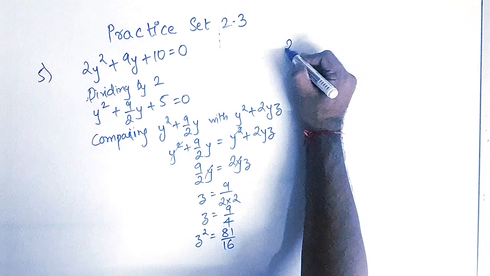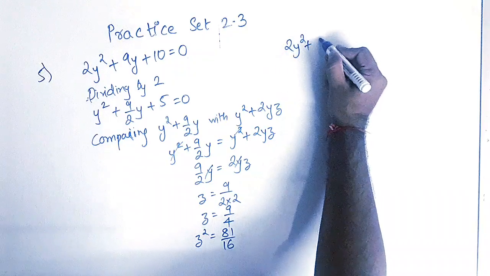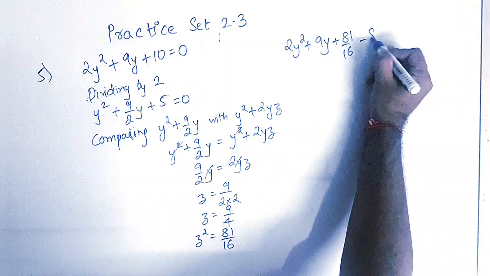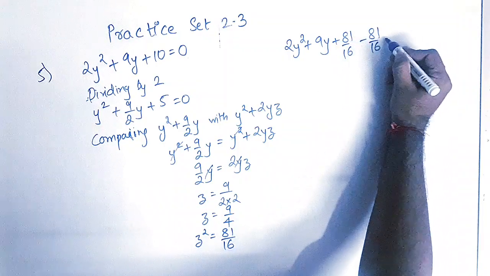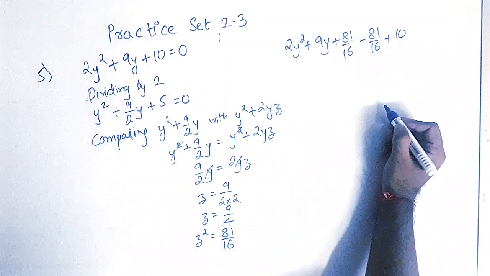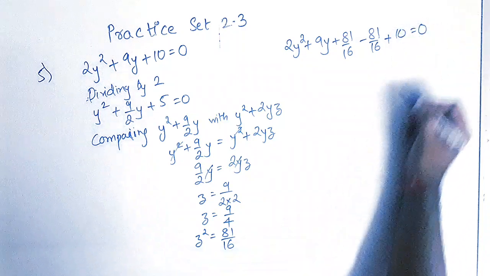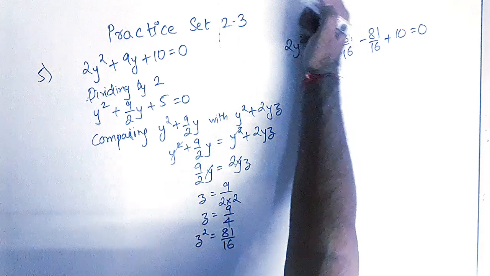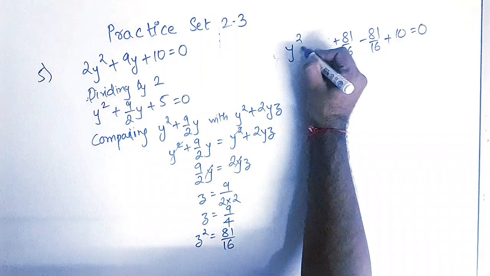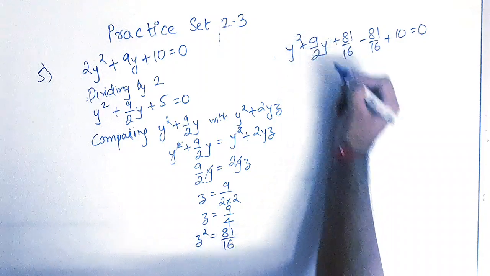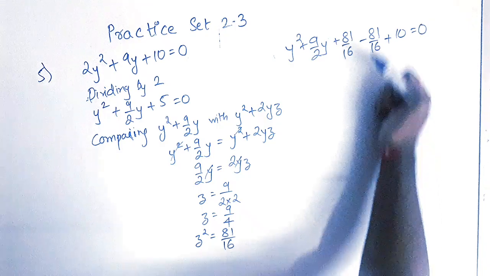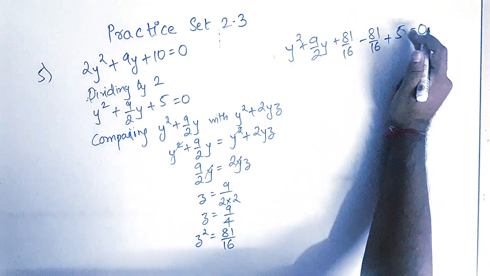We'll write y square plus 9 upon 2y plus 81 by 16 minus 81 by 16 plus 5 equals 0. Beg your pardon, this is y square plus 9 upon 2y, not 2y square.